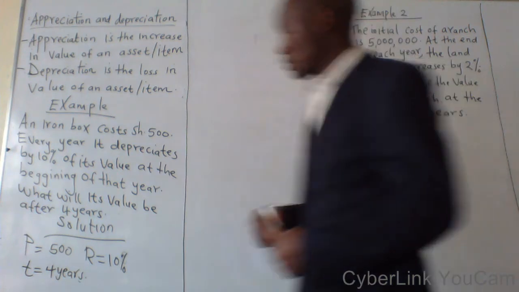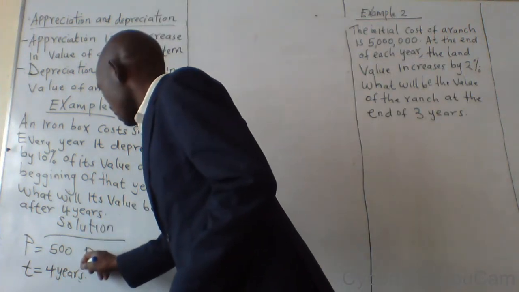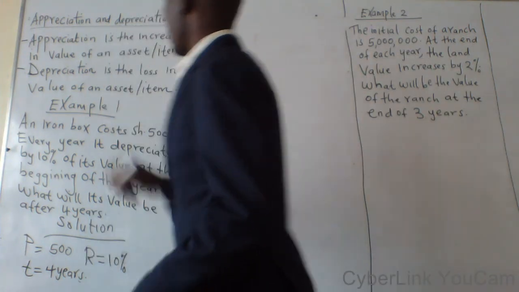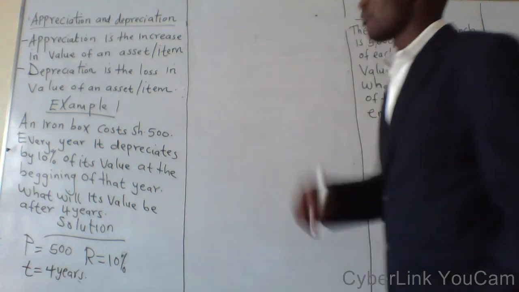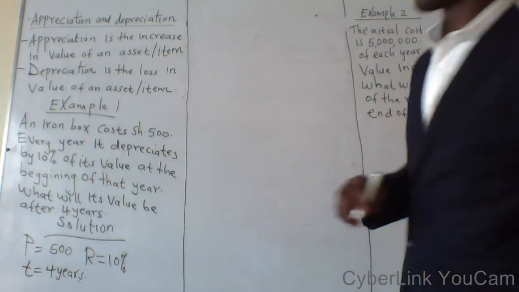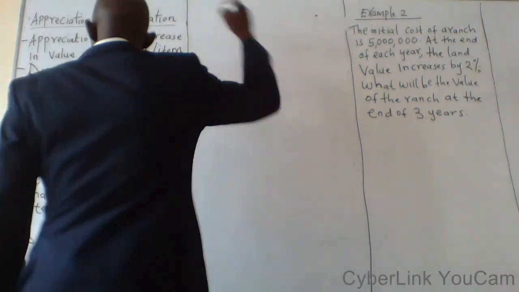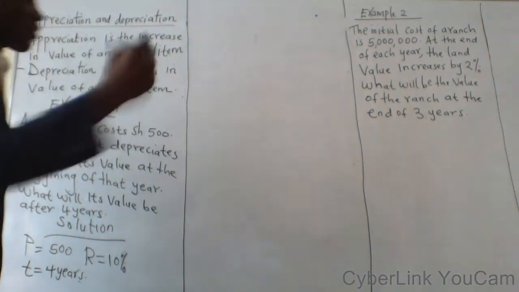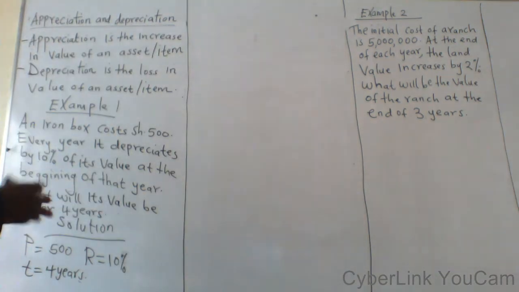Then the next thing we will do, of course, is to apply this information in the compound interest formula. The compound interest formula, of course, will come later on. The first thing that we will do is this.